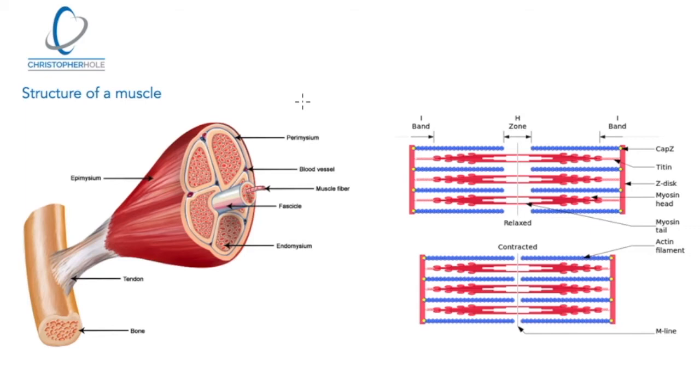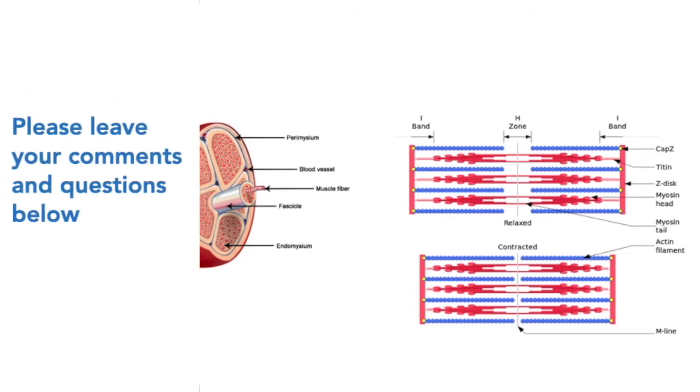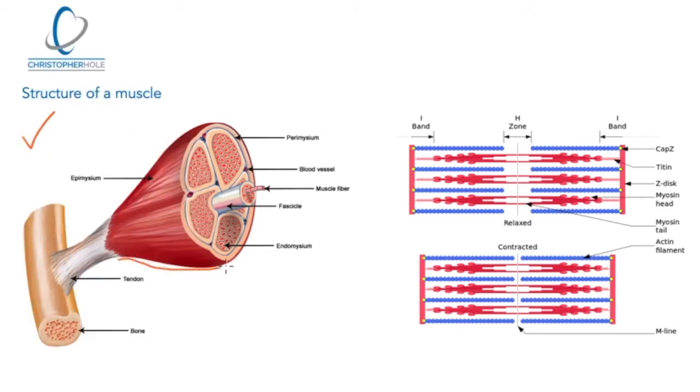What we've got to start with is the entire muscle that you can see in this image over here. The entire muscle is this section, and it is joined to a bone, which is here, via a tendon, which is here.